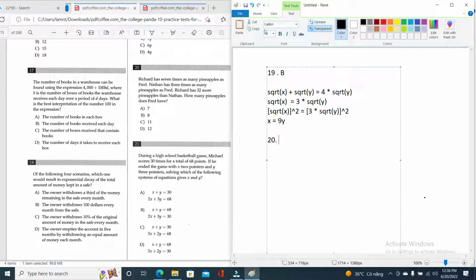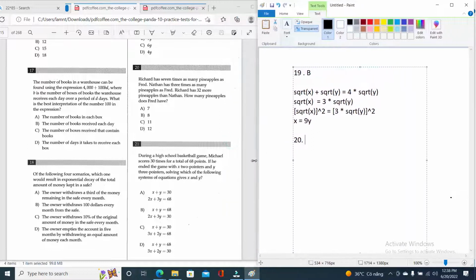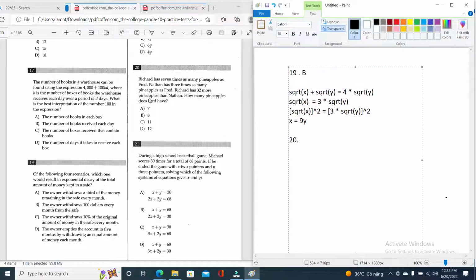Richard has 7 times as many pineapples as Fred. Nathan has 3 times as many pineapples as Fred. Richard has 32 more pineapples than Nathan. How many pineapples does Fred have? So Richard has 7 times as many pineapples as Fred, so R equals 7F.